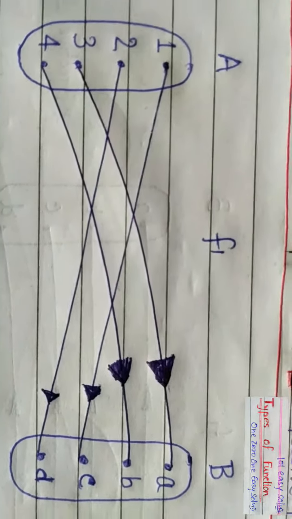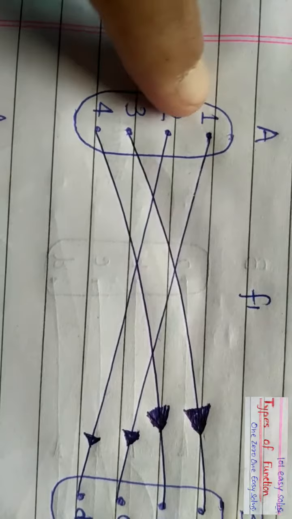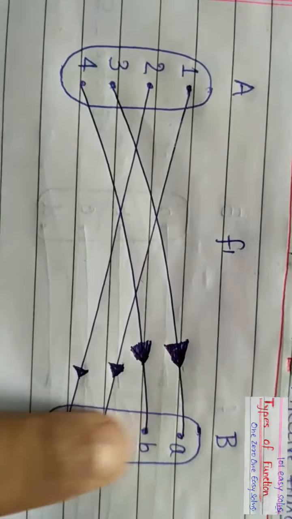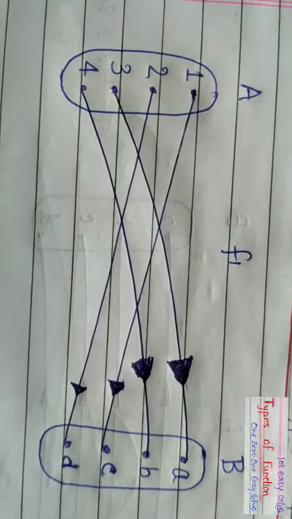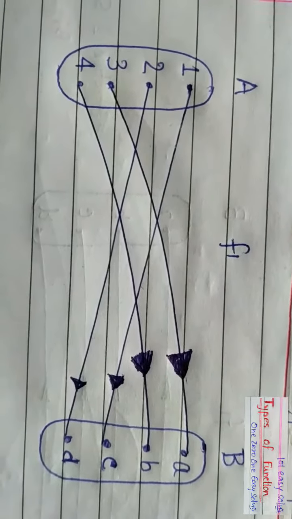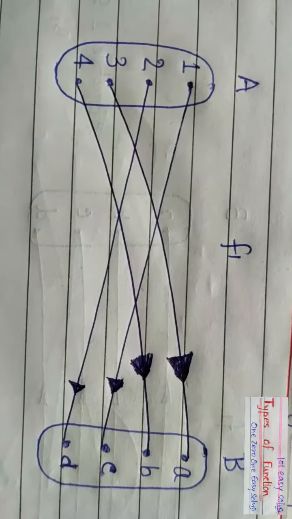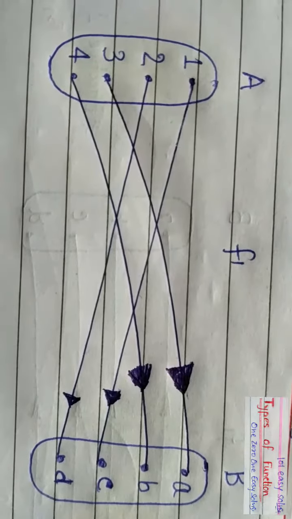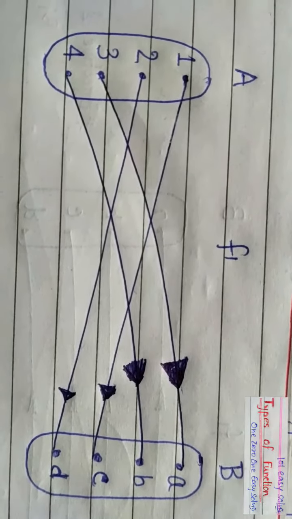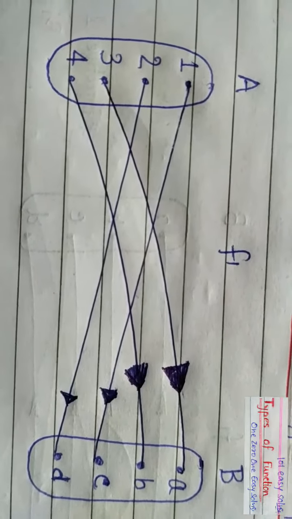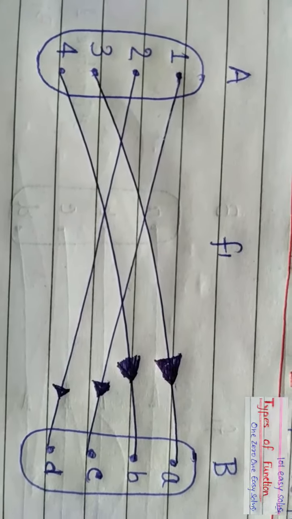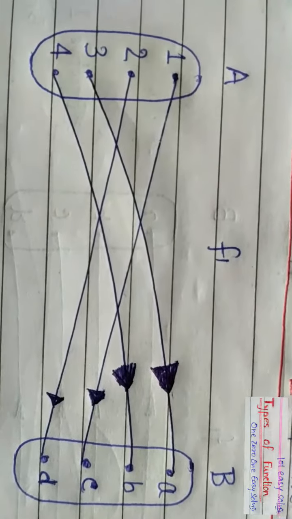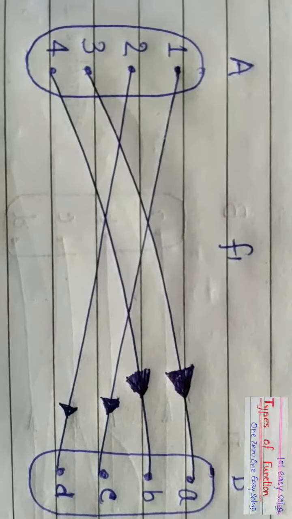Why is it injective? Because each member of A has a distinct image in B, a unique image in B. So image of 1 is C only, image of 2 is D only, image of 3 is A only, and image of 4 is B only. So all the elements of set A have unique and distinct images in set B. So it is injective.